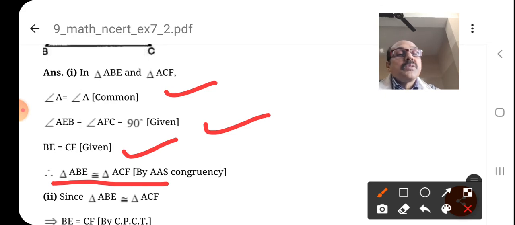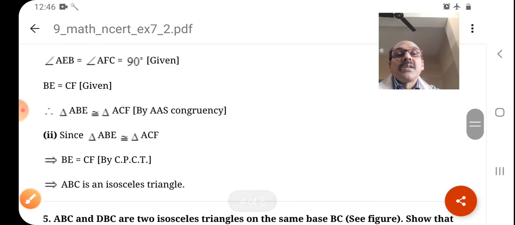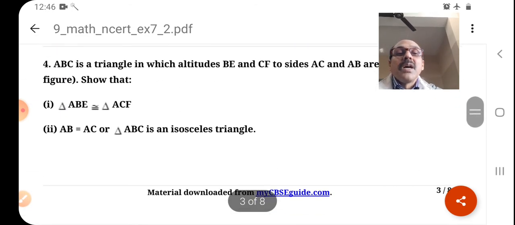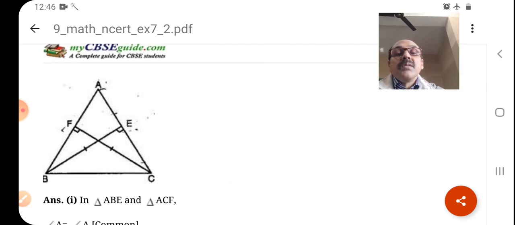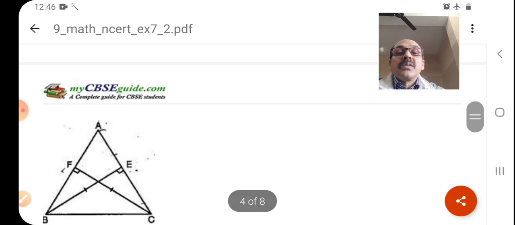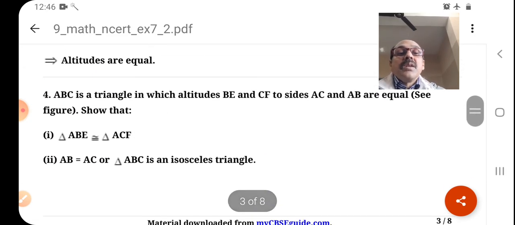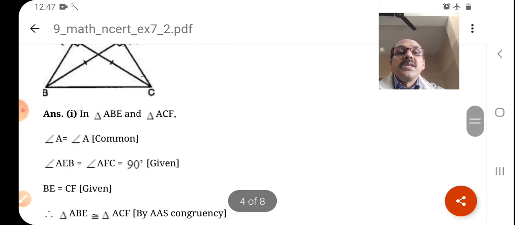So because these two triangles are congruent, by CPCT you can say AB equal to AC. So triangle ABC is an isosceles triangle, AB equal to AC by CPCT.